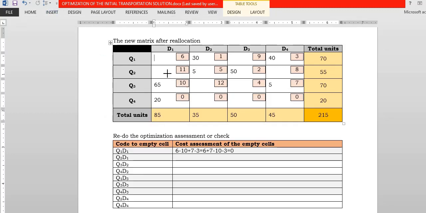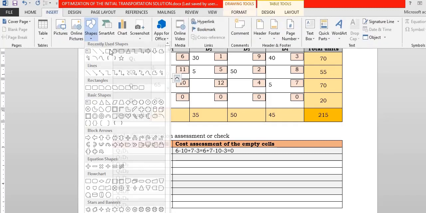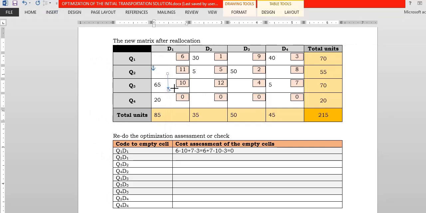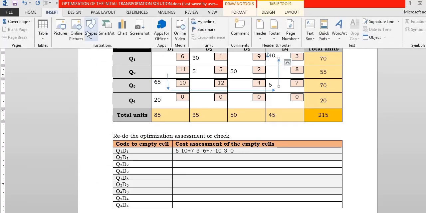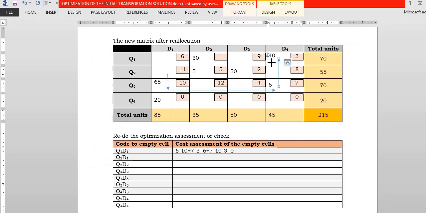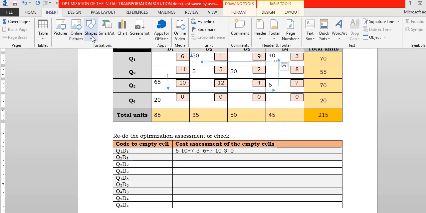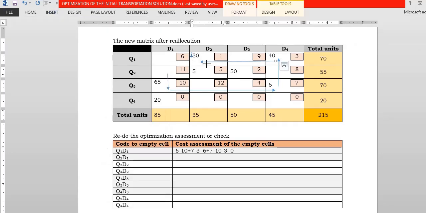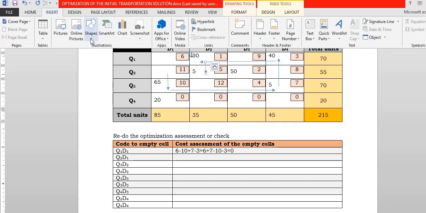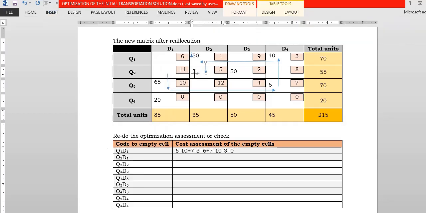From here we shall move downwards up to here, then to the right, then upwards, then to the left, then downwards to there, then finally to the left, back to where we started from.